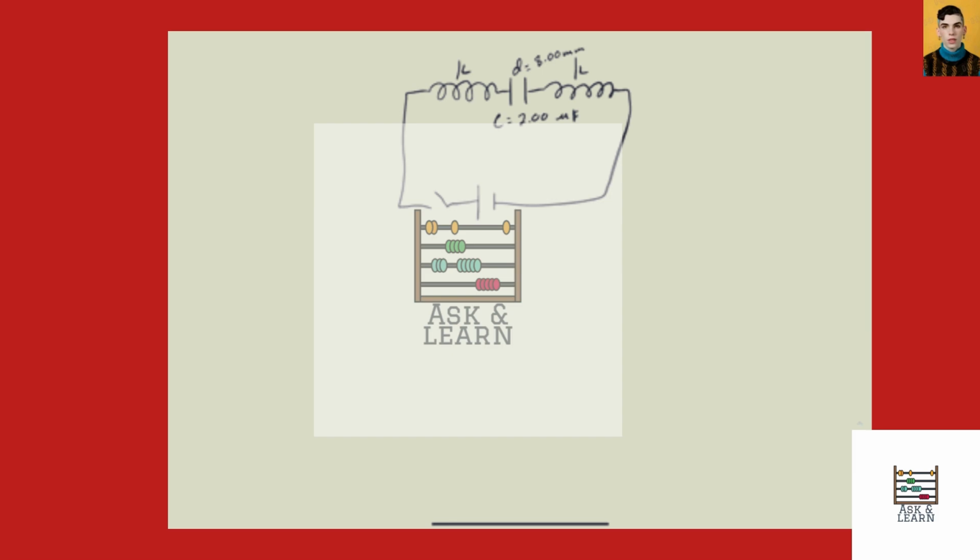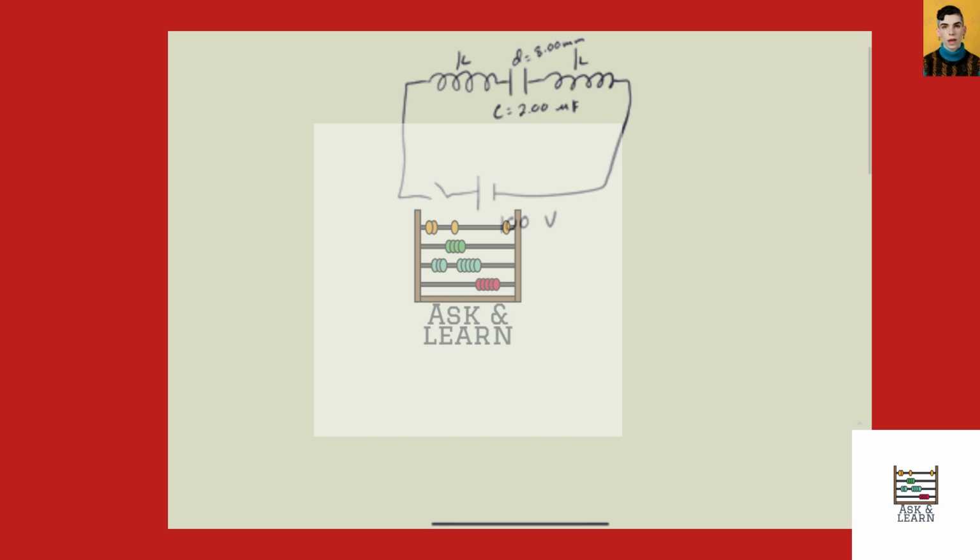Now, we also have 100 volts. And we want to figure out the charge on the capacitor after the switch is closed. So once the switch is closed, the separation distance is cut in half.